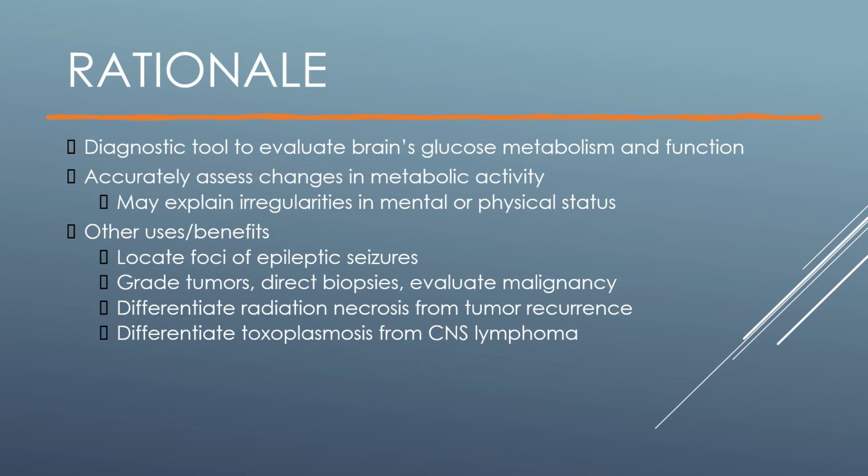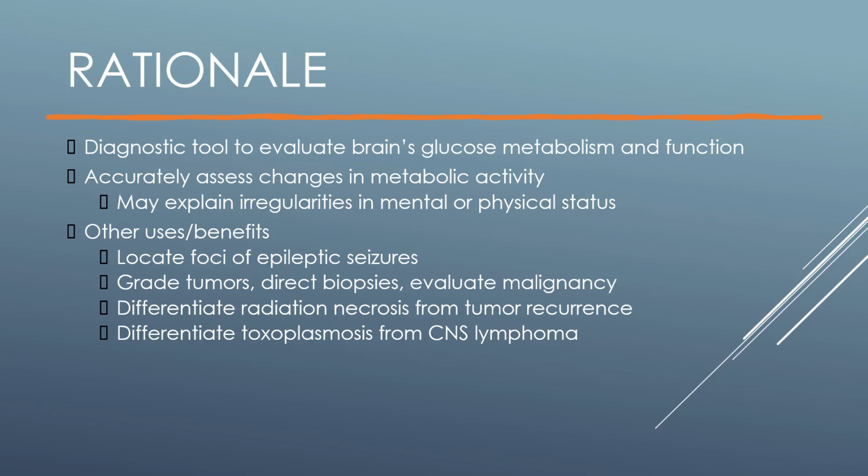So the rationale for the test is that it is a diagnostic tool to evaluate the brain's glucose metabolism and function. Since a lot of things do that, we can image a lot of things with FDG. The brain will always show up really, really hot on FDG studies because your brain actually uses about 20% of the glucose that's available.